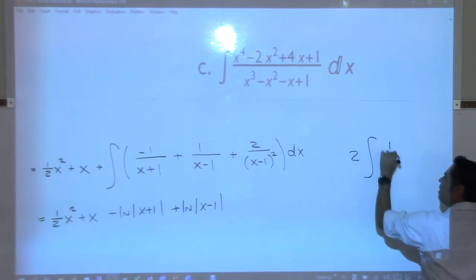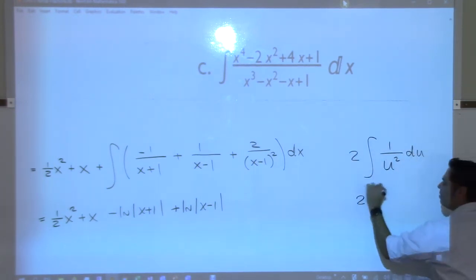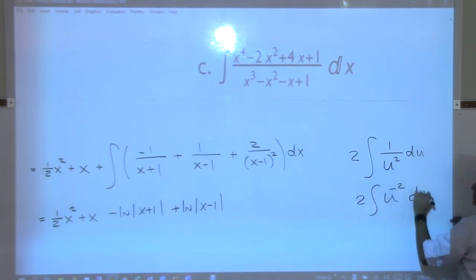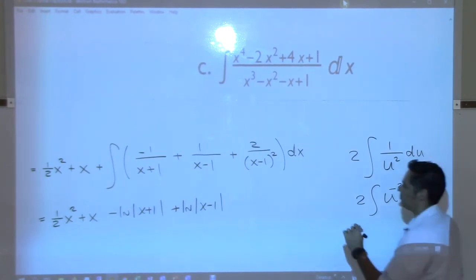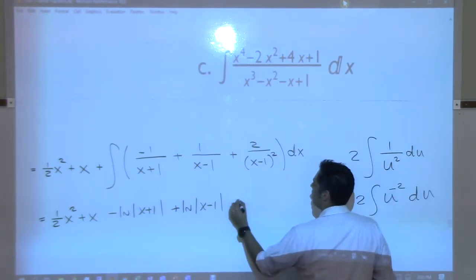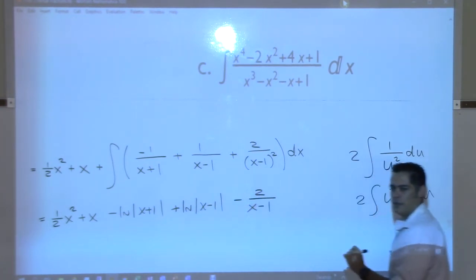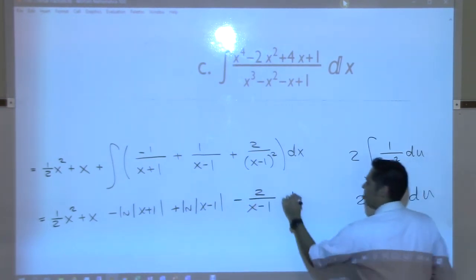In your mind this should look a lot like this. I'll give you a moment to think about that. Fire away when you're ready. 2, positive or negative? Negative. 2 over x minus 1. That is right. Plus c.